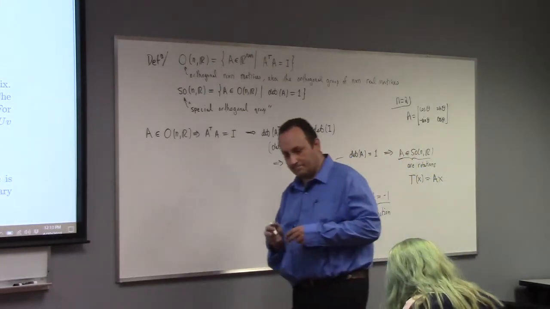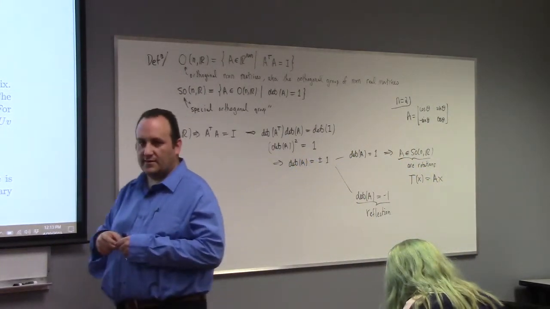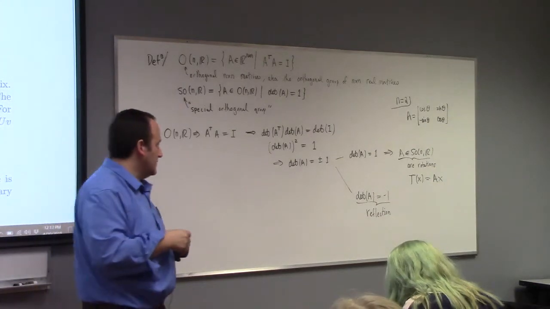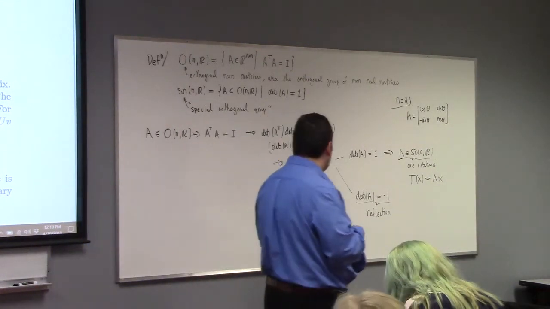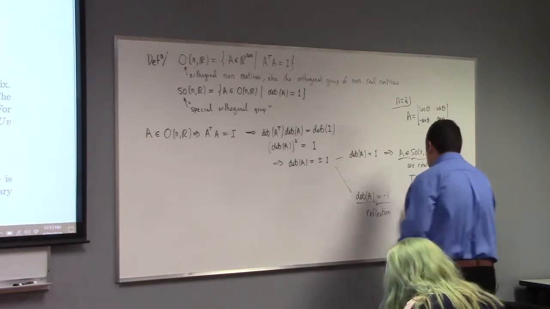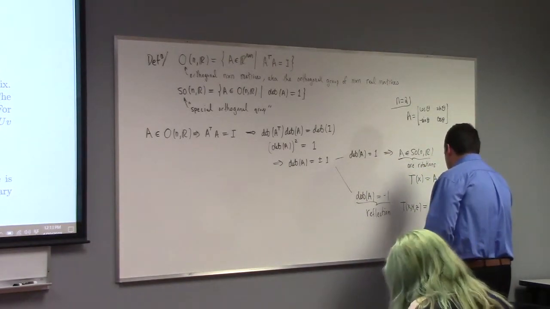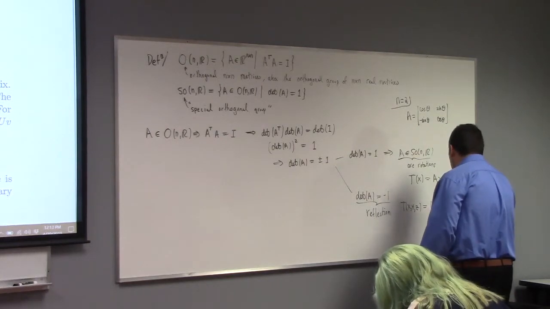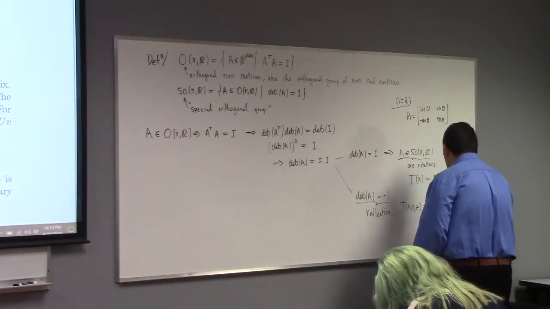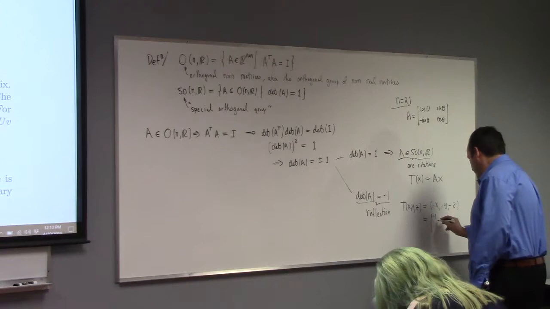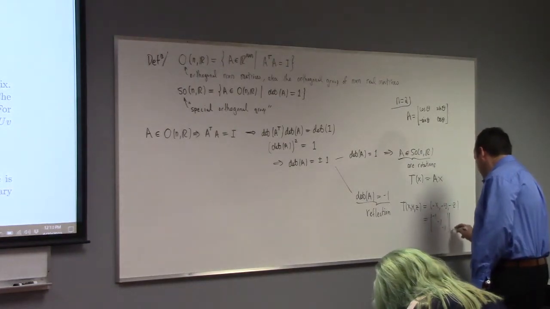All right. An example of a reflection is, for example, if I take T of (x, y, z) equal to (minus x, minus y, minus z), that would be minus 1, minus 1, minus 1 times x, y, z.